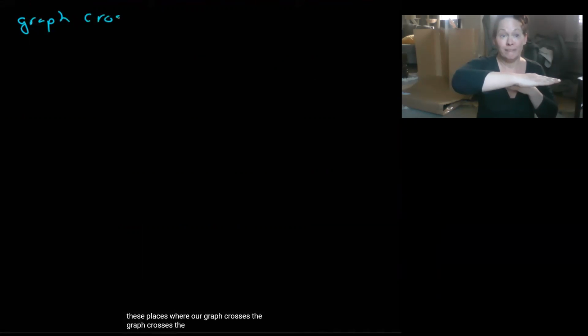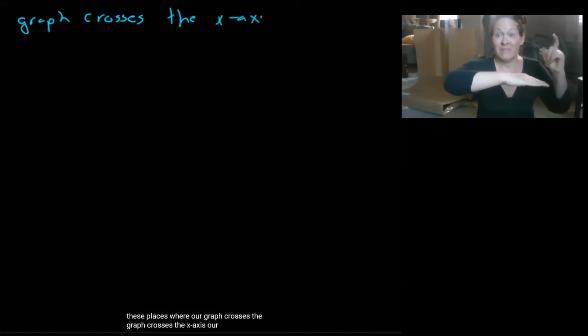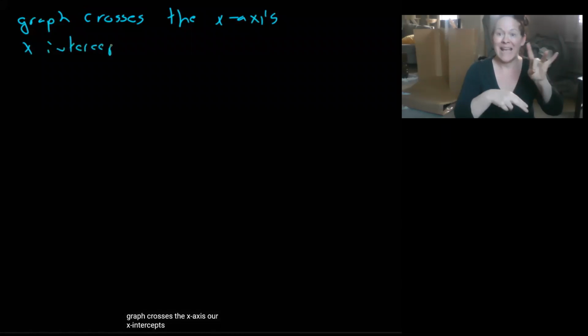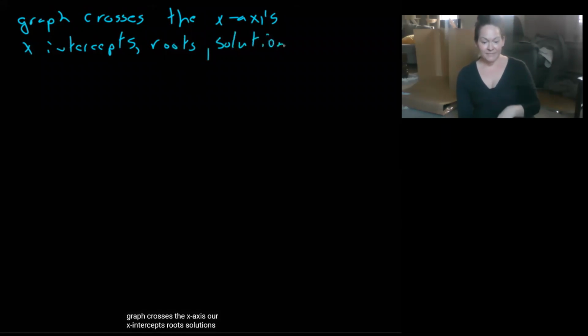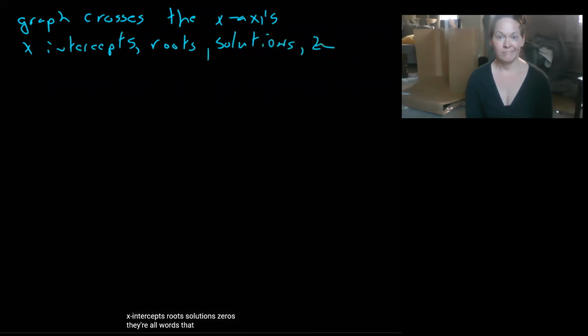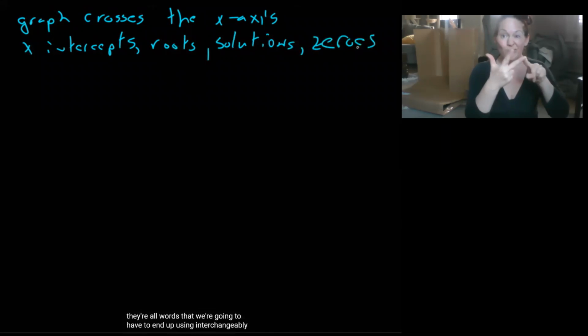These places where our graph crosses the x-axis are x-intercepts, roots, solutions, zeros. They're all words that we're going to have to end up using interchangeably.